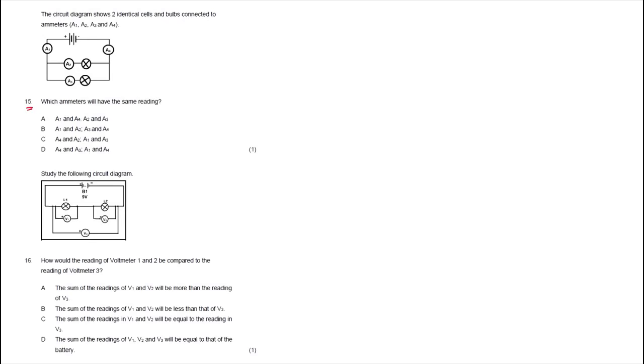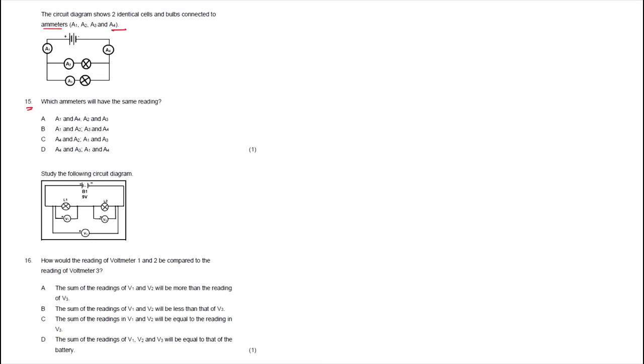Here we can see that we are told that the circuit diagram shows two identical cells and bulbs connected to ammeters. So we have A1, A2, A3, and A4. These are ammeters. Now the question says, which ammeters will have the same readings?